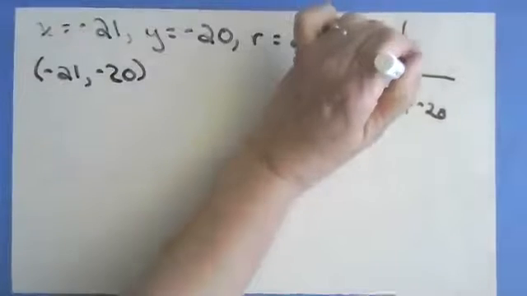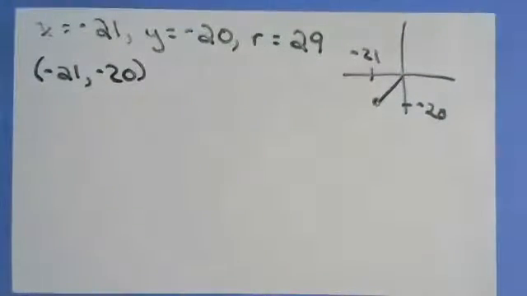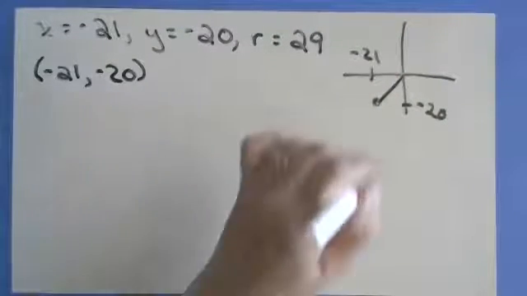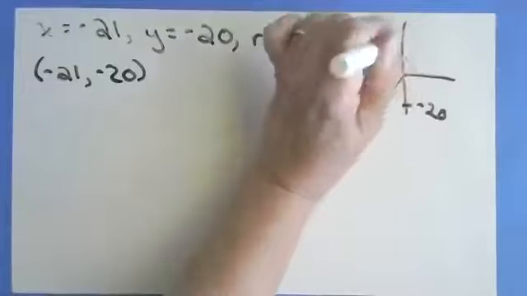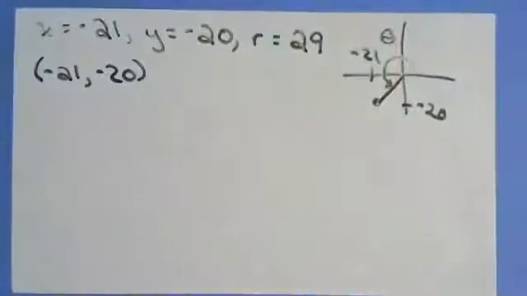And we know that this distance is 29 because we figured it out, and we know that this angle here is our theta. And remember, we're not calculating what theta is yet. We have more to learn before we do that. In a different chapter, we'll do that.